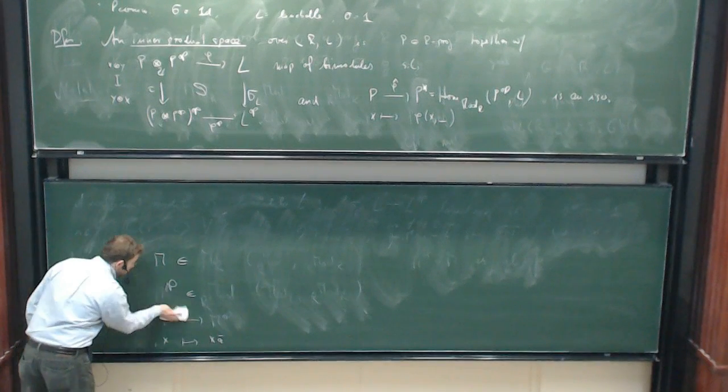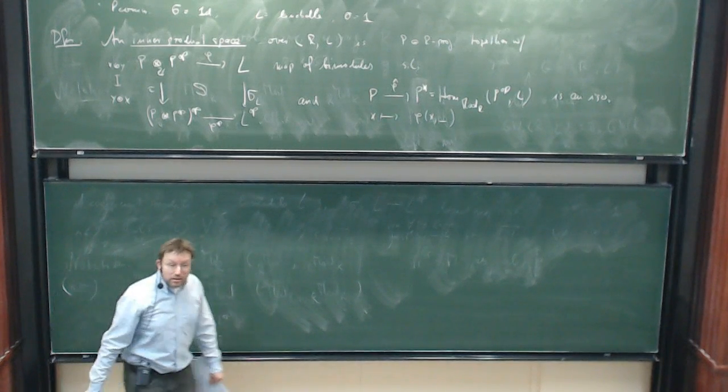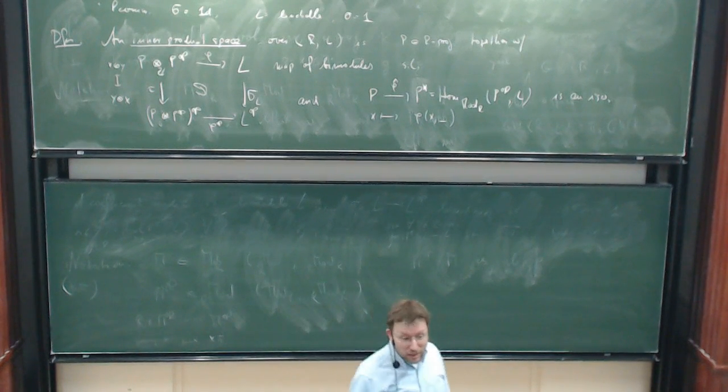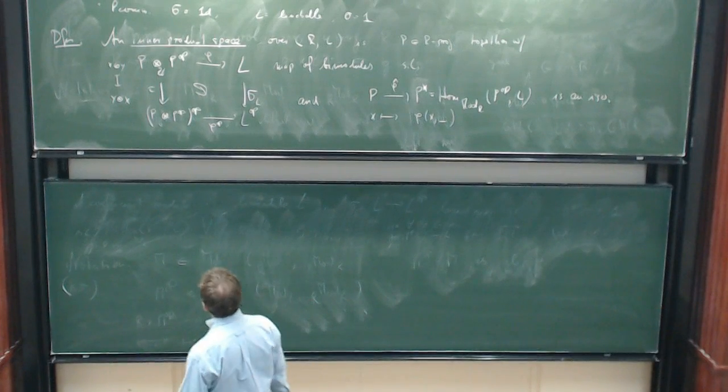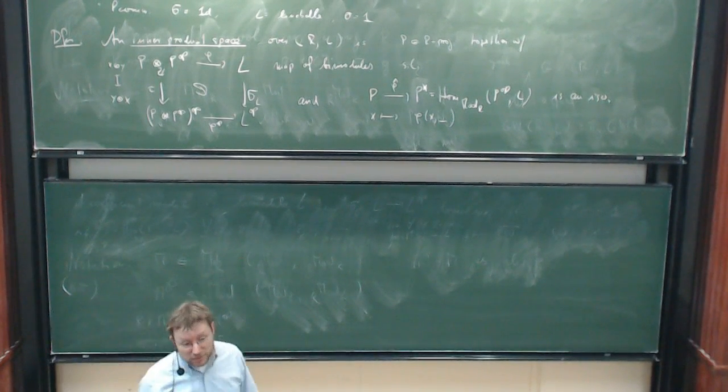No, depending on the context. For instance, if sigma is -1 and you're over a local commutative ring, then you talk about symplectic modules, and they all have even rank, for instance.